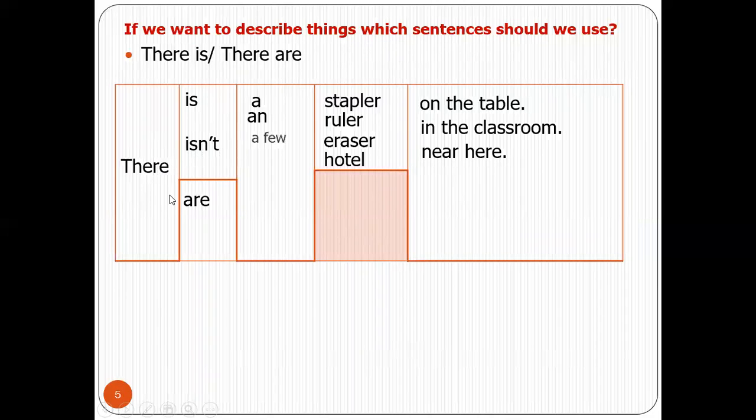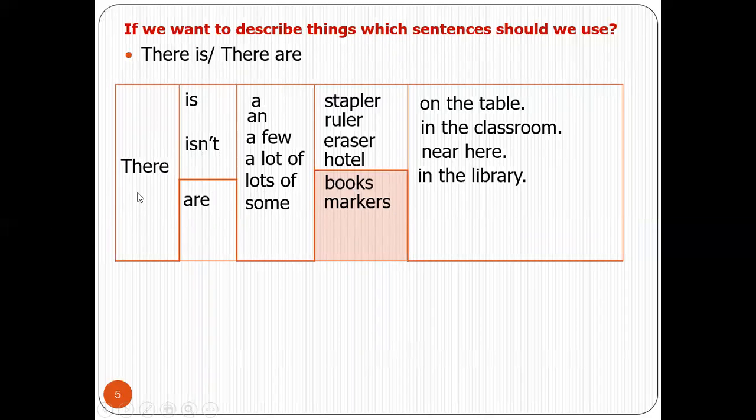How about there are a few books in the library? So there are a few books in the library, or there are a lot of books in the library. There are lots of markers in the classroom. Or there are some books in the library. There are many markers in the library.